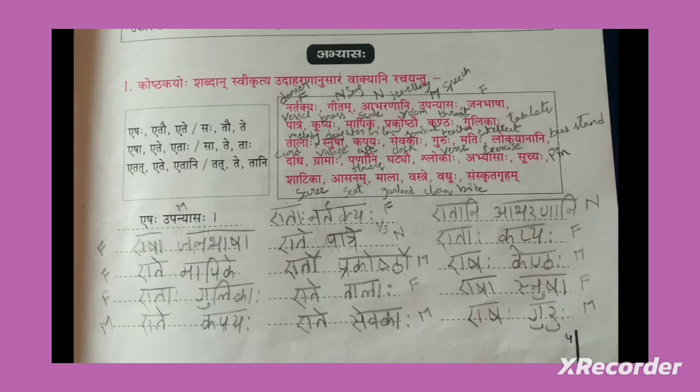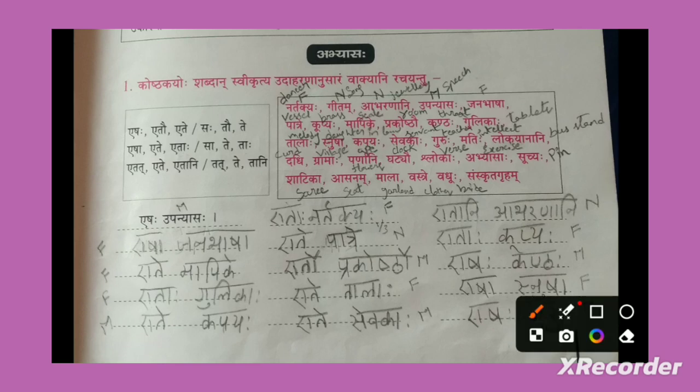And they have given you a few shabdas. See the first line, nartakyaha, a dancer. Geetam, song. Abharanani, jewelry. Speech, upanyasaha. Janabhasha, people's voice. Patre, vessel.